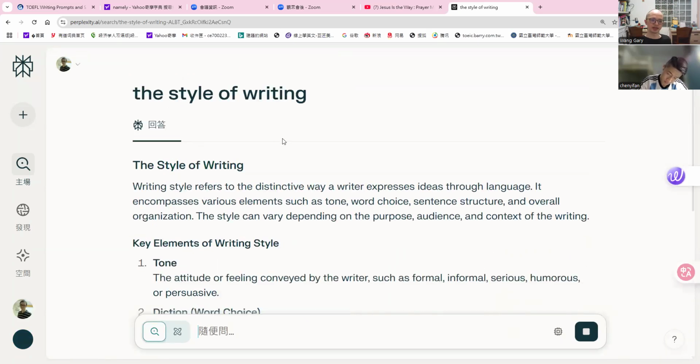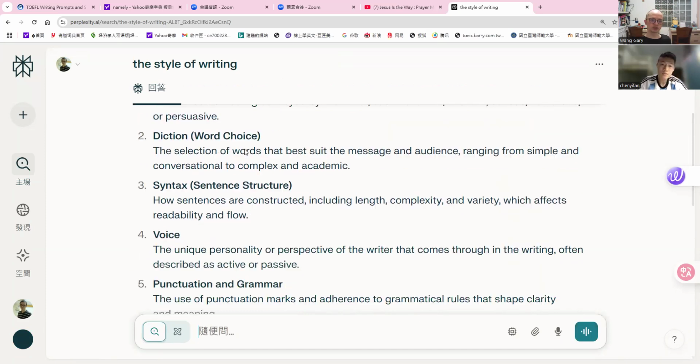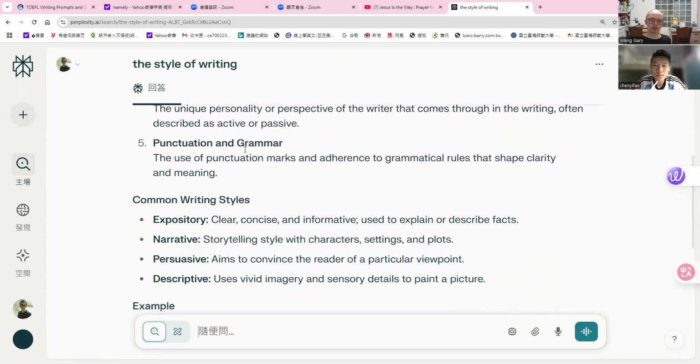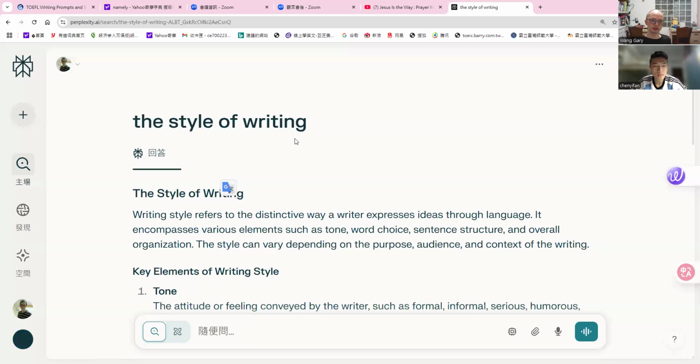The key elements of writing style: tone, diction, syntax, voice, punctuation, especially punctuation and grammar.